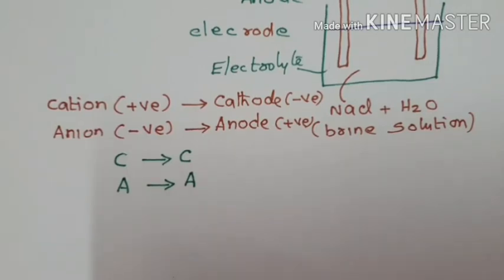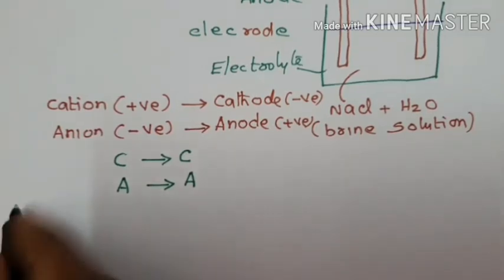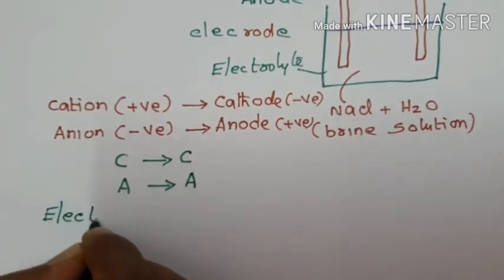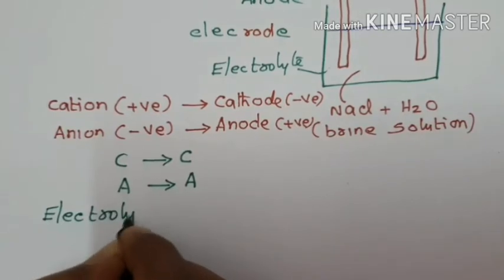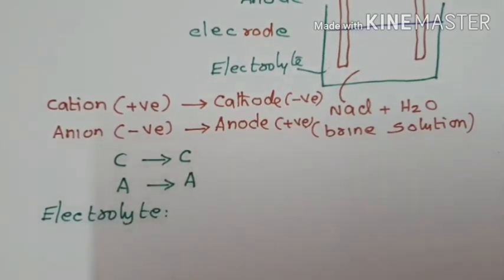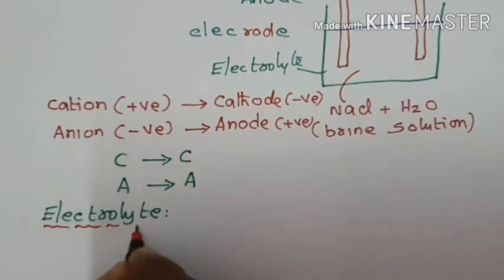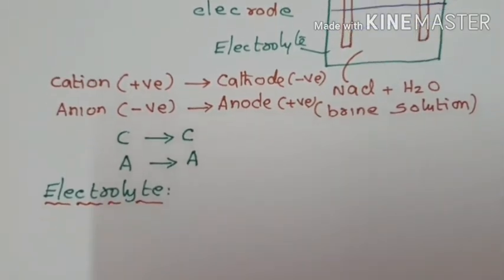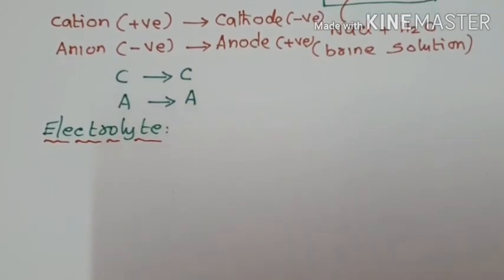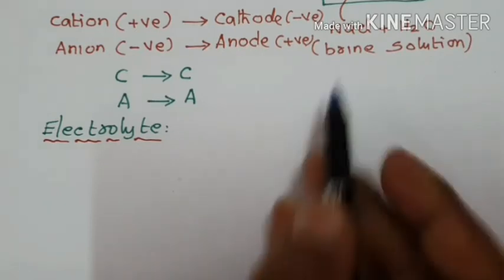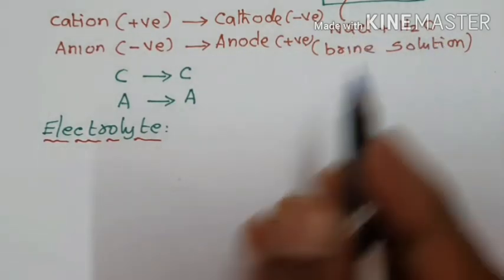First, what reaction takes place in the electrolyte? We know our electrolyte is sodium chloride solution. When current is passed into the solution, both NaCl and water molecules undergo ionization.